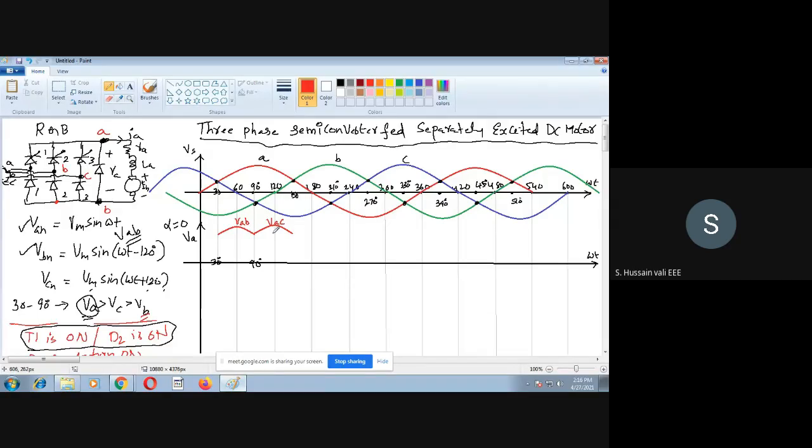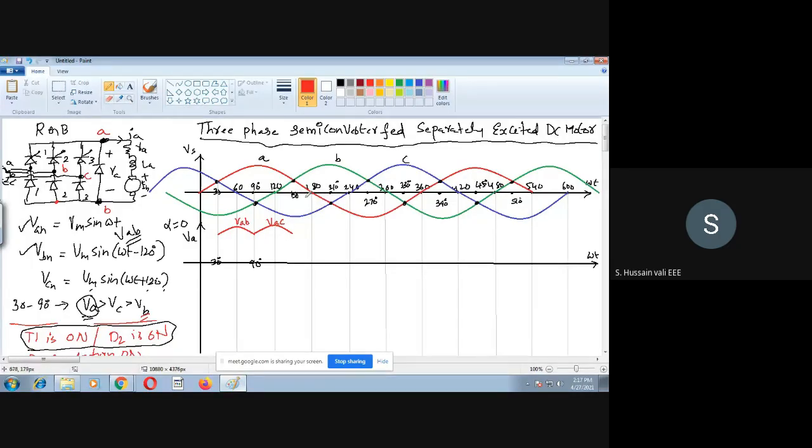So now we got VAC. The logic is that for every 60 degrees you find this difference: from 30 to 90 it is the first 60, and then 90 to 150. In each duration, one will always be highest and another lowest.